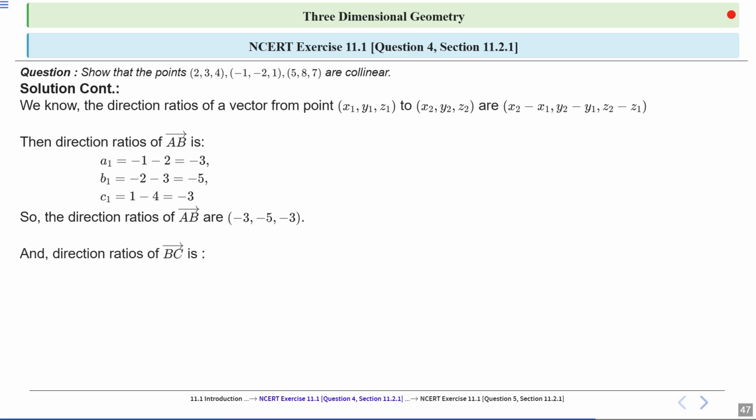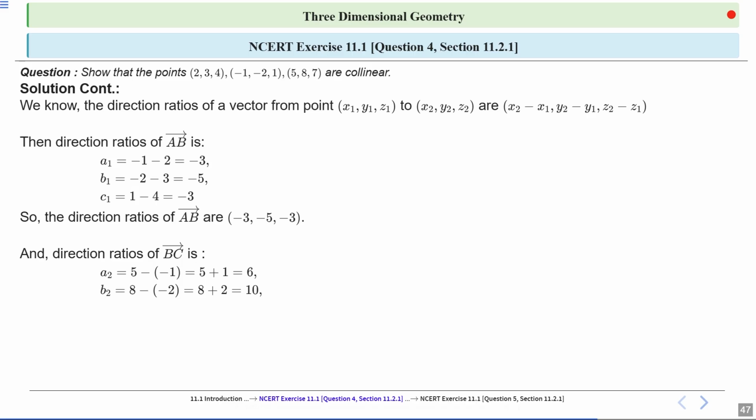Now, let's find the direction ratios for the vector from point B to C, that is vector BC. For the x component, a2 equals 5 minus of -1, that is 5 plus 1 equals 6. So the difference in the x coordinate is 6. For the y component, b2 equals 8 minus of -2 equals 10.